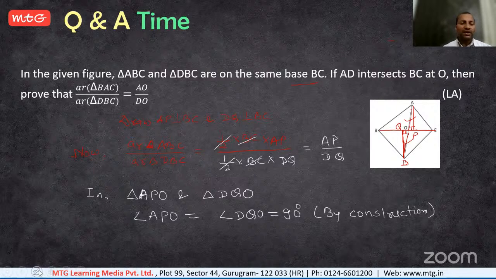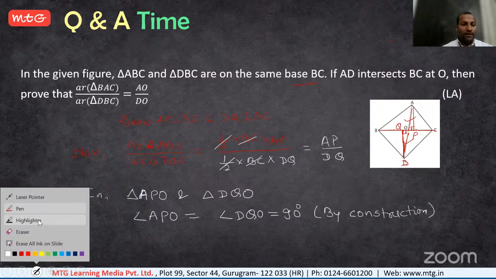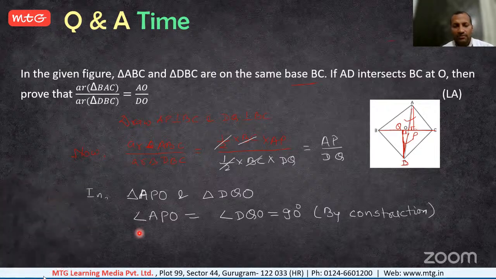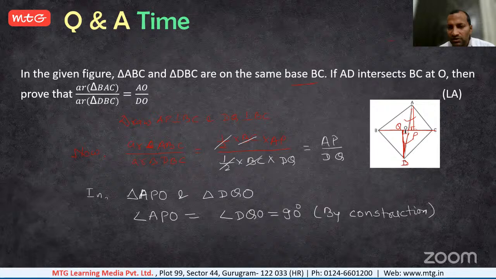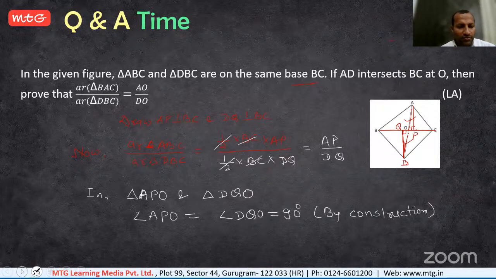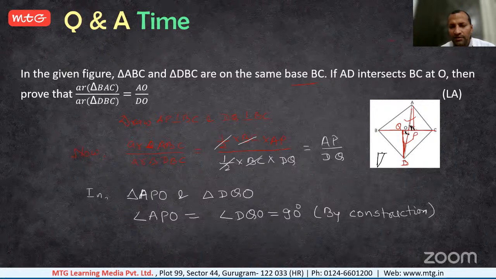Second thing is that two angles are vertically opposite angles. Here, this angle and this angle are vertically opposite angles. It means if one triangle is like this and another triangle is like this, then this angle and this angle will be vertically opposite angles. So those two angles I am taking.